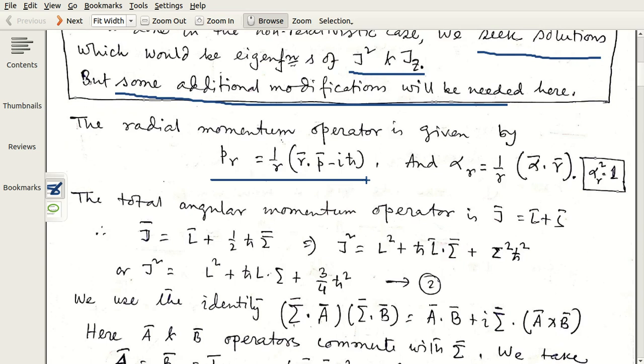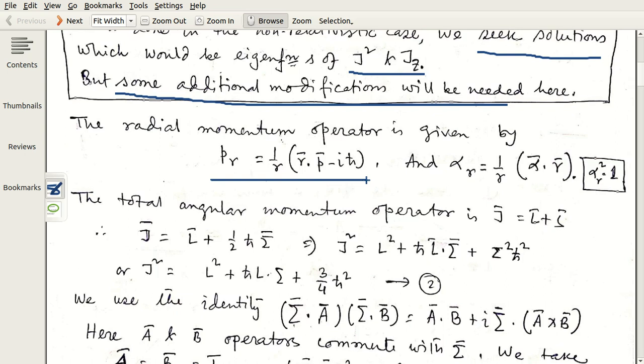We have done it in previous semester angular momentum classes, or if you cannot remember, just try from the definition of pr, that pr will be given by the projection of momentum in the direction of r.